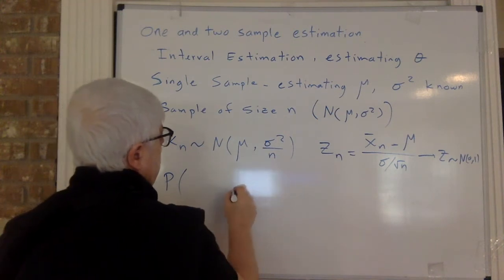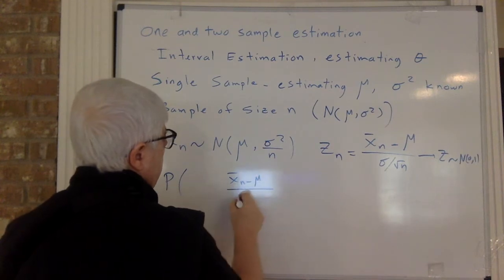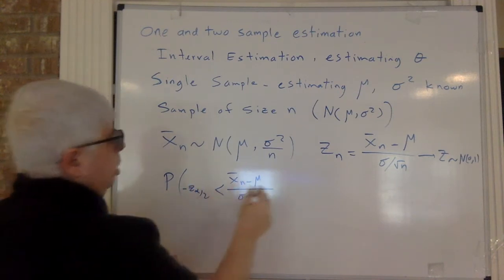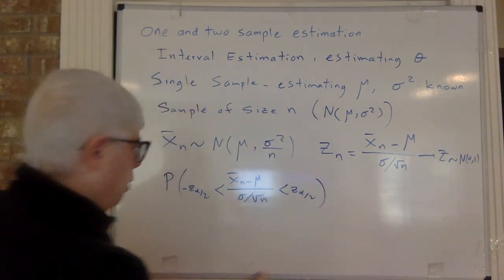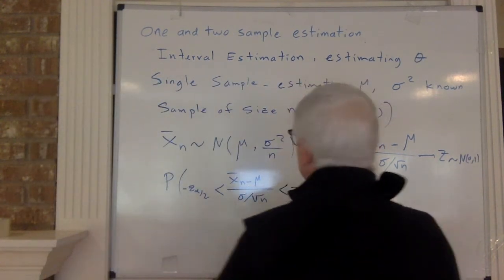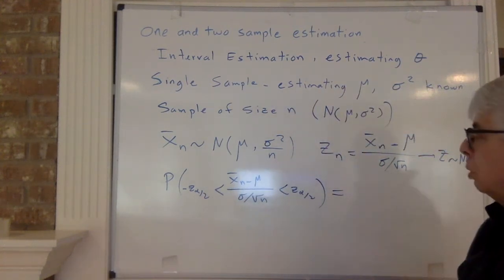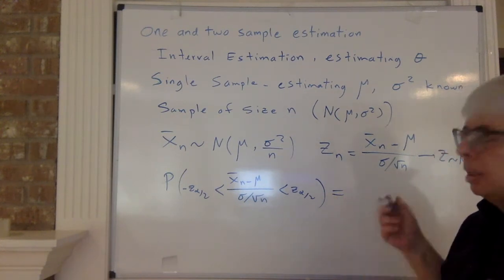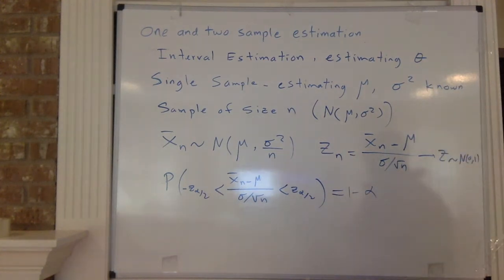So let's just write Zn here: (X̄n − μ) over (σ over square root of n), between minus z alpha over 2 and z alpha over 2, which are numbers. And we know that this is approximately, not exactly, because this one is not exactly normal(0, 1). But as n gets larger and larger, we can just say this is 1 minus alpha.